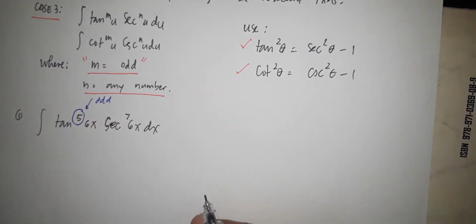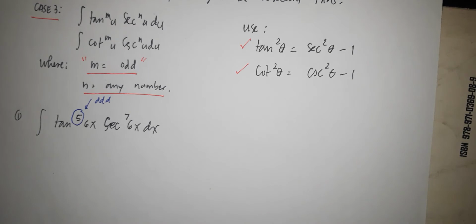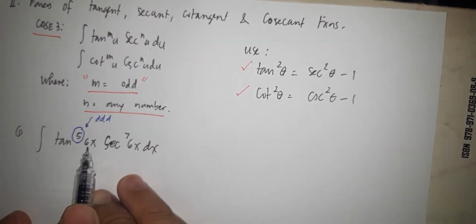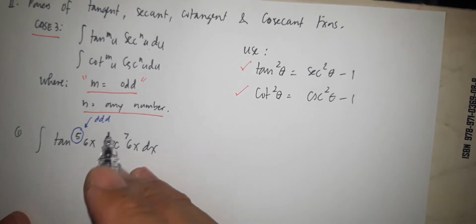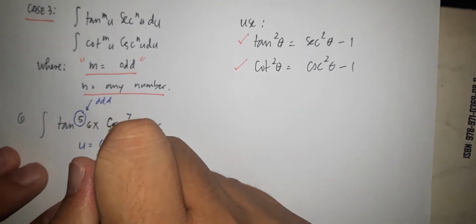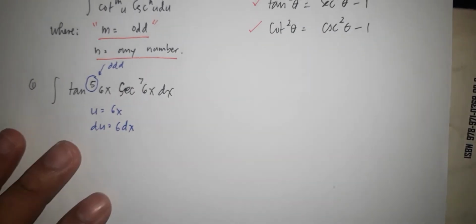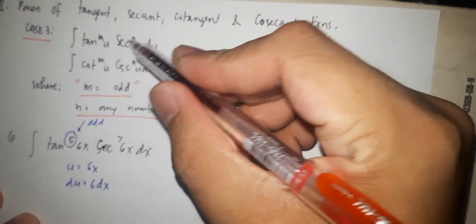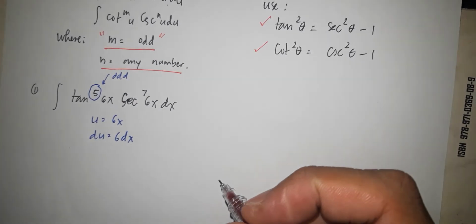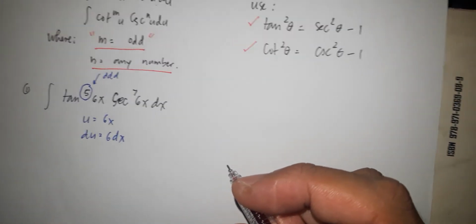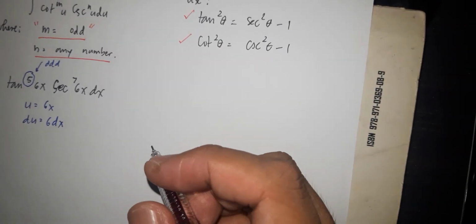So, anong gagawin natin dito? Again, gayahin muna natin to para hindi tayo malito kasi meron tayong angle na hindi u. So, gawin natin u is equal to 6x na ang derivative ay 6 dx, para pag dinil natin with yung ating angle ay hindi masyadong complicated.